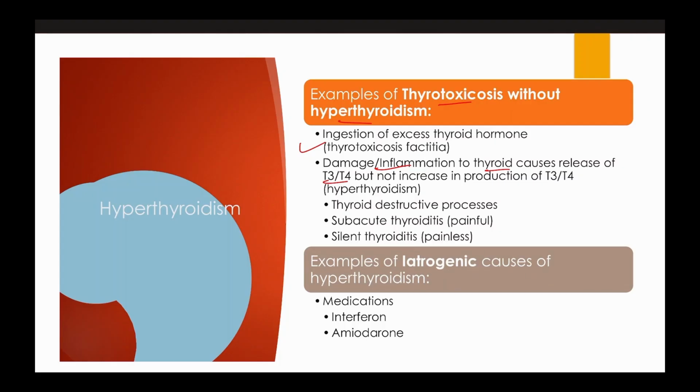So remember, we have all these colloids, right, that just store the thyroid hormone. When you have a problem, it can just dump all that thyroid hormone out that it had stored. That's what we're talking about here. So it just causes inflammation, damage to the thyroid gland, dumps whatever stored thyroid hormone we had into the bloodstream. We're not making more. It's just that whatever we had gets dumped out into the bloodstream, so all this thyroid hormone gets dumped all at once.